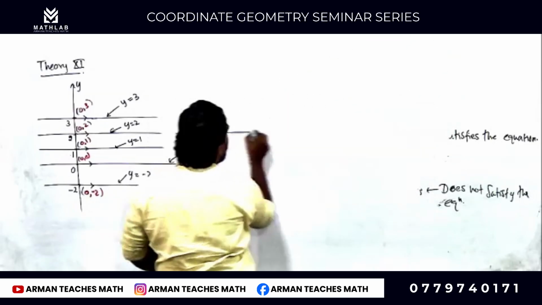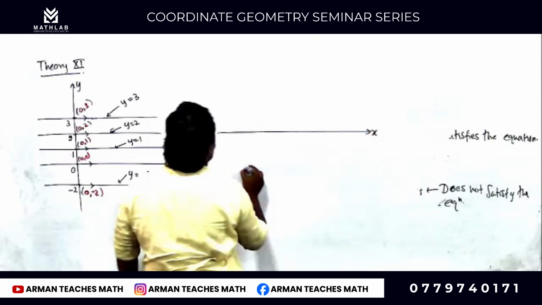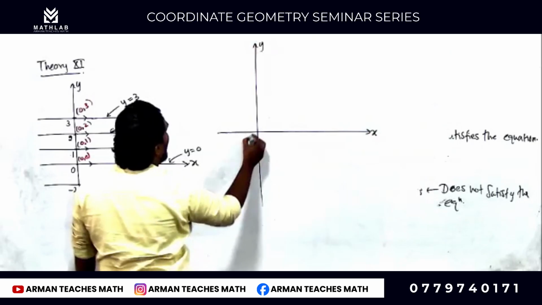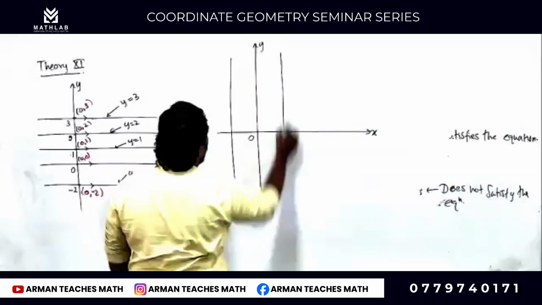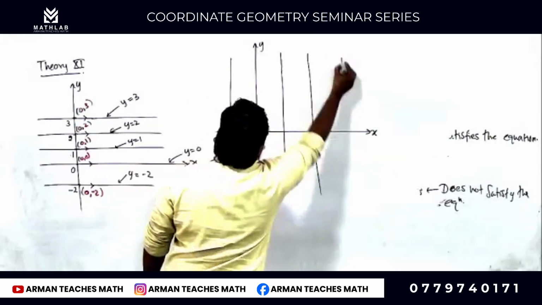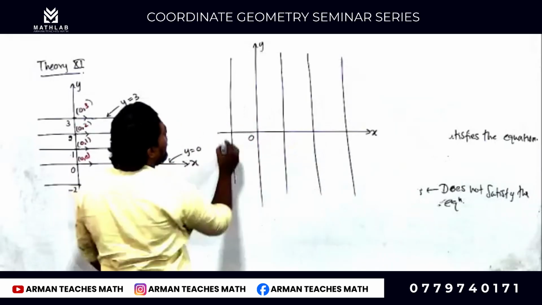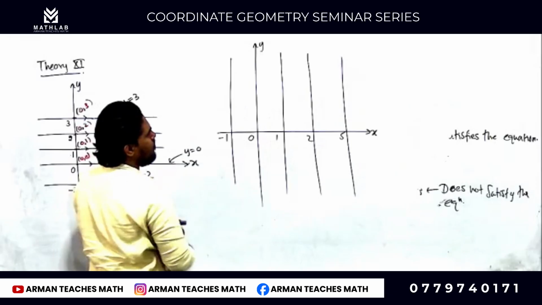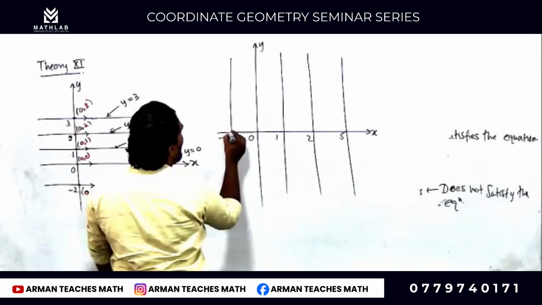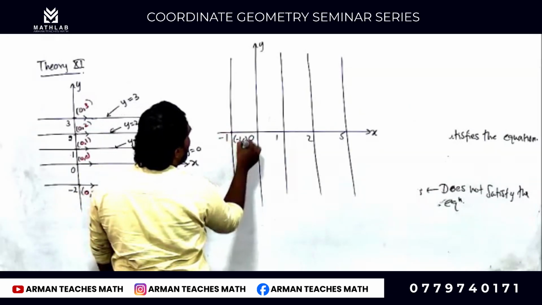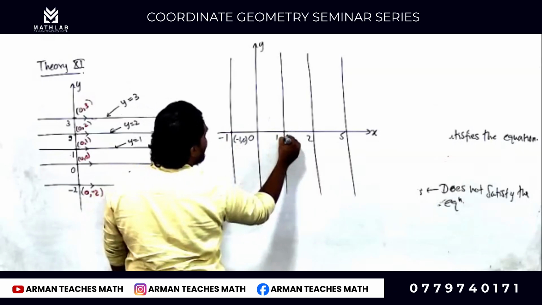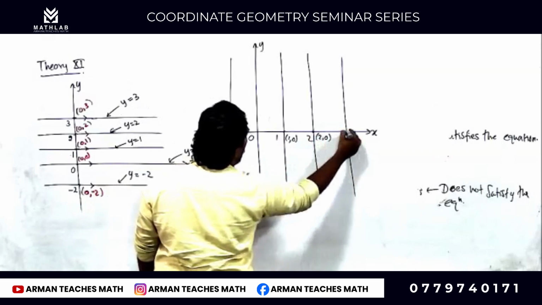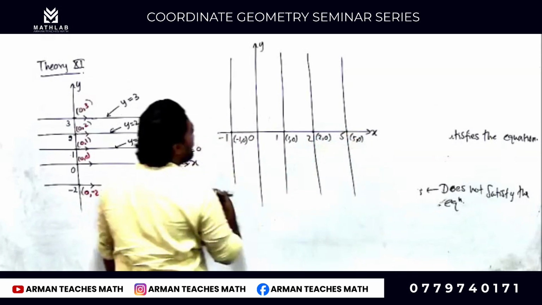If we take the x-axis and y-axis, we can have lines parallel to the y-axis through minus 1, 1, 2, 5. I'm just randomly taking. If I take the coordinates here, x coordinate is minus 1, y coordinate is 0. X is 1, y is 0. X is 2, y is 0. X is 5, y is 0.